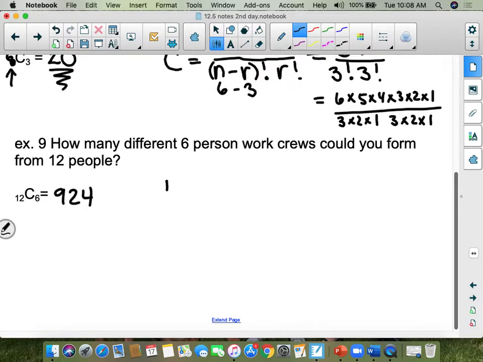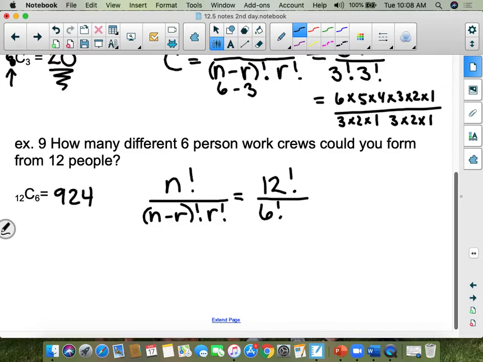If you don't have a calculator, it's n factorial over n minus r factorial, r factorial. n factorial is the bigger number, which is 12 factorial. And then it's n take away 6, that's why I got 6 factorial. And then r is 6 factorial. Because this stands for the n, and this stands for the r.